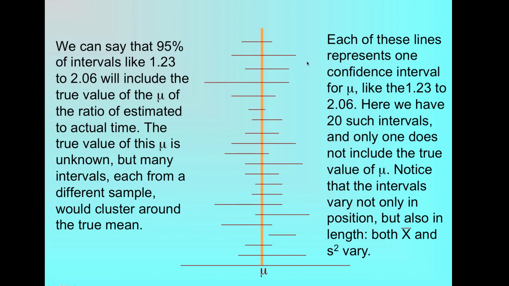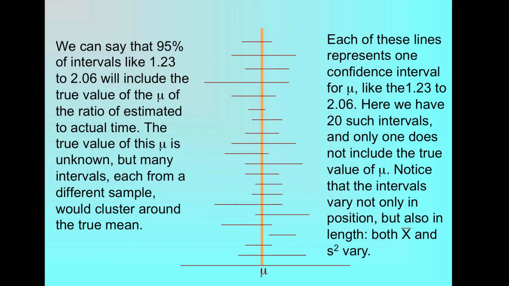Let's say that you ran 20 different experiments with 20 different samples of people doing this anagram experiment and getting the ratio of estimated time to true time. You can get the following sets of confidence intervals.